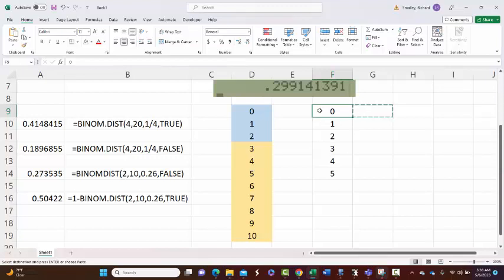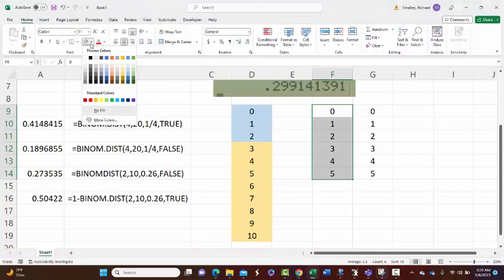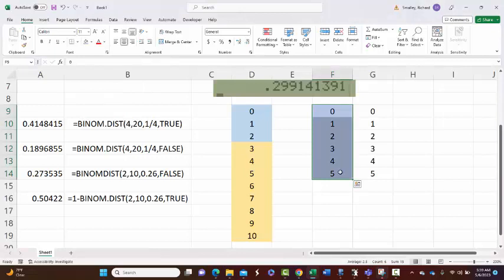I hit copy again instead of paste. All right, so now we're going to use our visualization skills here again. Oh, I have no fill. That's why I took the fill away. It doesn't really matter what color I use here.